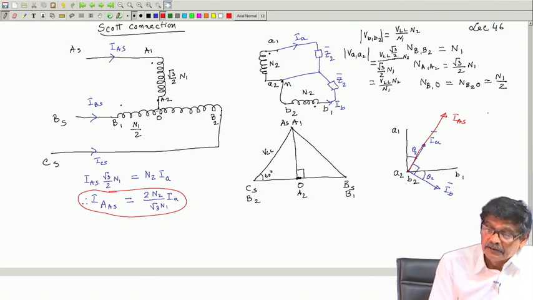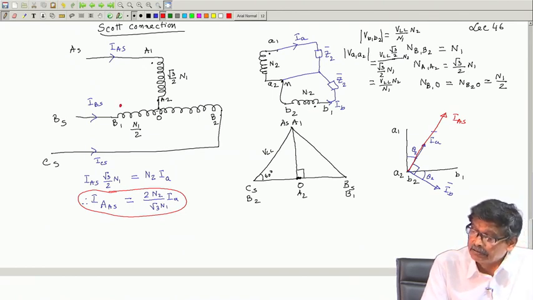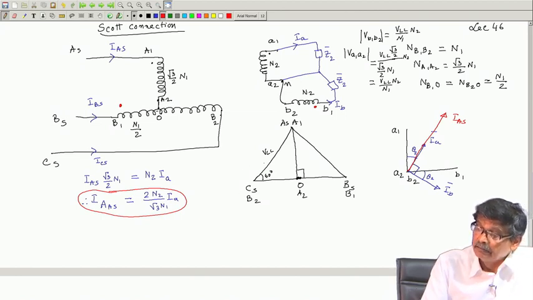This part you have to go carefully. So, these are the dot terminals. Through the dot, current IB I have shown coming out.